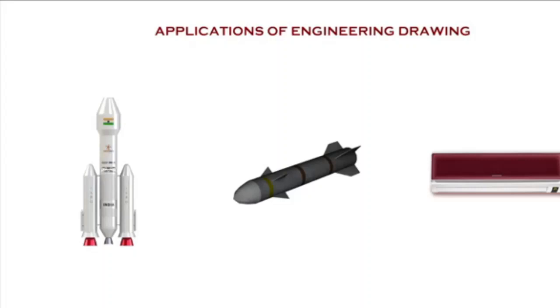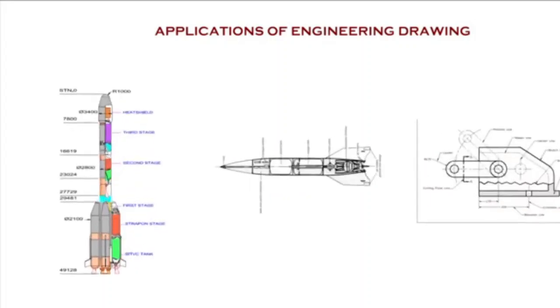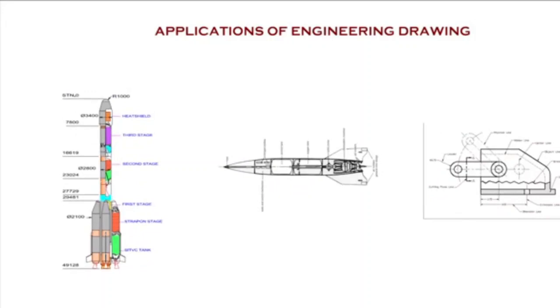Before going to the final product, they first draw the engineering drawing of them, in which they mention the dimensions of the parts or components of the objects, and then they implement it to get the final product. These are the applications of engineering drawing.